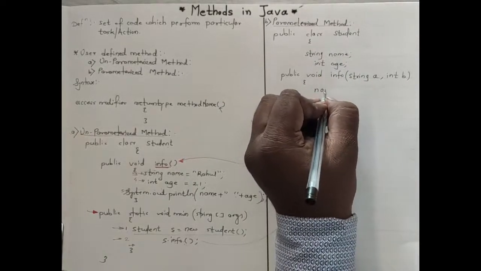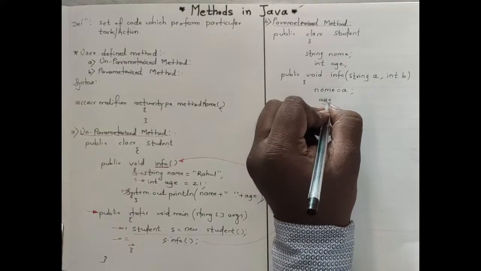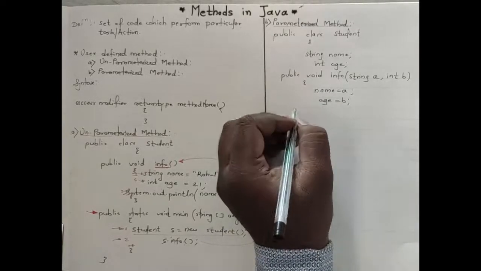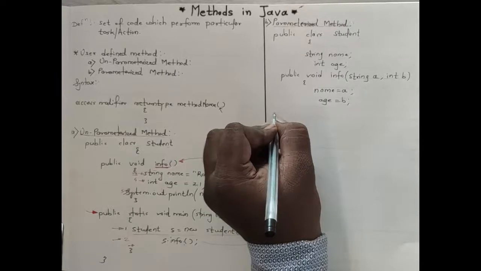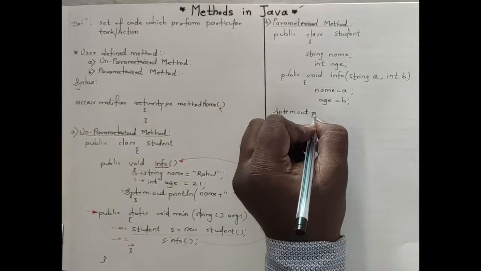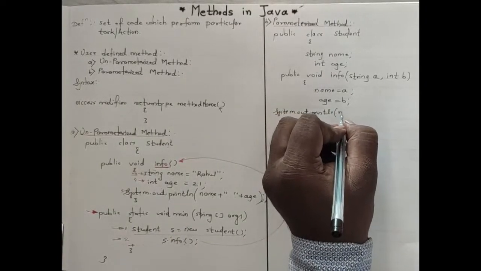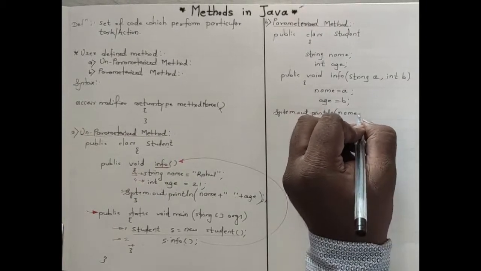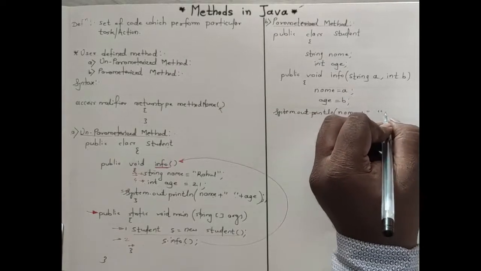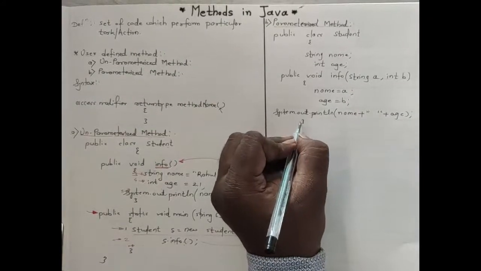So name is equal to a semicolon, age is equal to b semicolon, and then I am giving here a printing statement, system dot out dot println, then name plus double quote space double quote plus age, then closing that method.